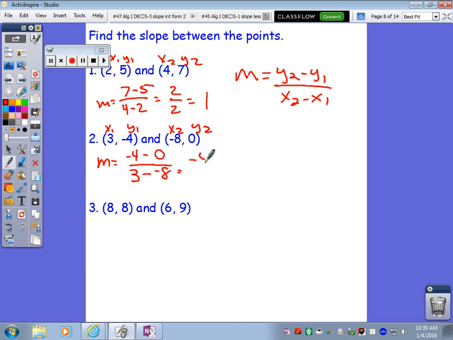And I end up with negative 4/11. Here we have x1, y1, x2, y2, and m is equal to y2 minus y1 over x2 minus x1. So m is equal to negative 1/2.